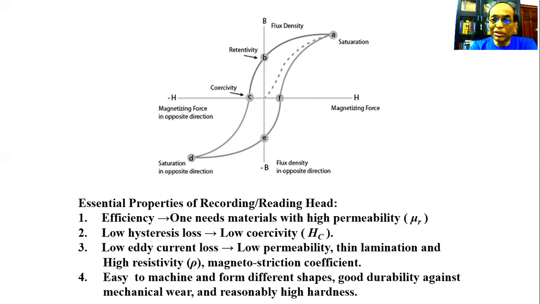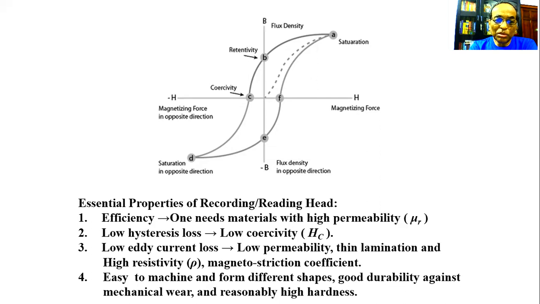And thin lamination is essential, and high resistivity, and magnetostriction coefficient. So these are the essential physical parameters for a recording and reading head.